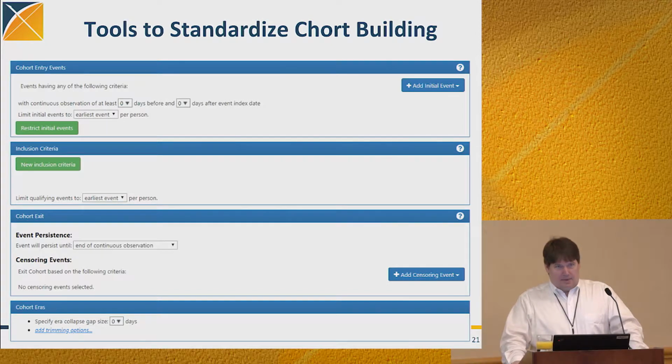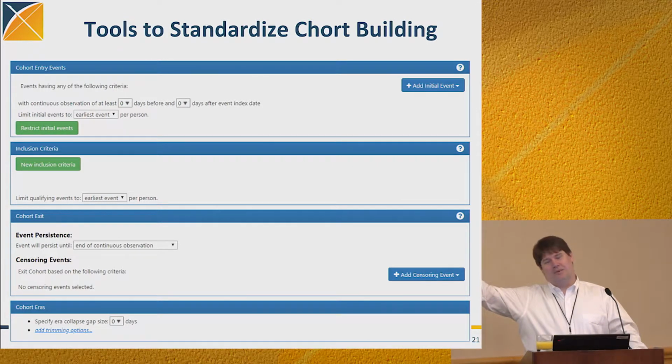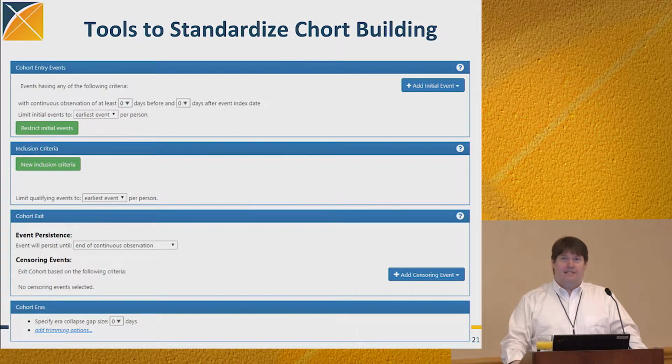For OMOP cohort definitions, instead of asking people to learn how to write SQL, because that SQL could be written in many different ways. If you have creative developers, they can tell you that there's a cooler way to do what I just did here, and they want to show off. But that is harder to understand and harder to recognize what their philosophy was about building their cohorts.